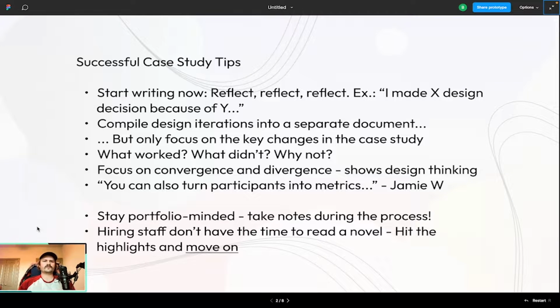So we'll begin with some general case study tips. Now, I did not come up with all of these, of course. These are some of my own observations.